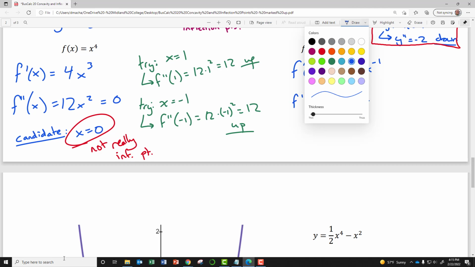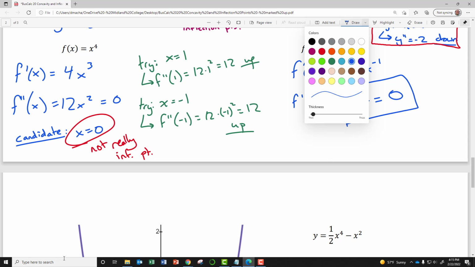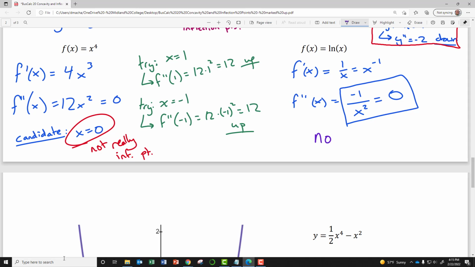If I wanted to set this equal to 0 to find my inflection points, you're going to find that there's no value of x that you can choose that would ever generate this, right? And since there's no value of x that would solve that equation, there's no solution, that means there's no inflection point.